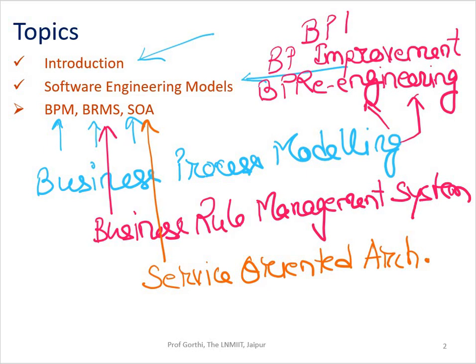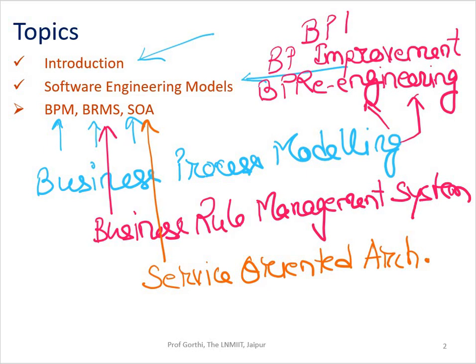So it is basically the same thing as your business process improvement, with the main difference being how you are going to change the process. Your business process re-engineering deals with more major changes to the processes, like incorporating some technology in order to completely change the way the work is done.